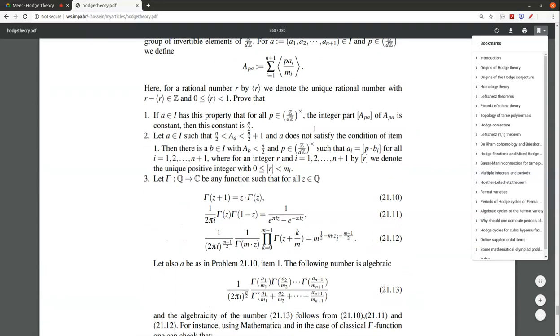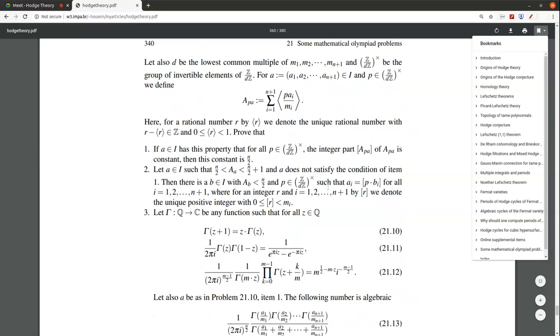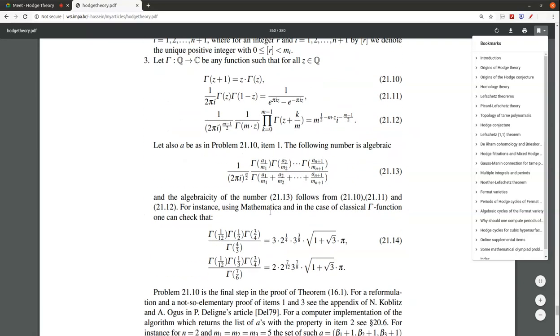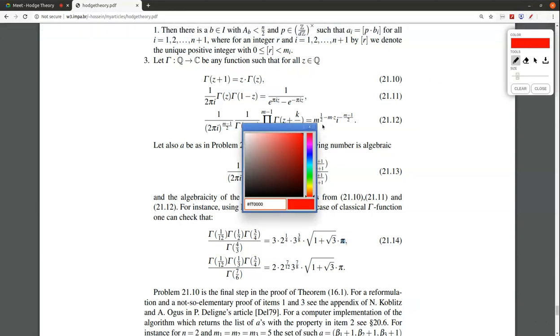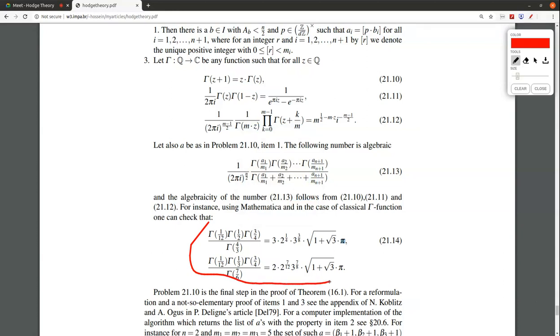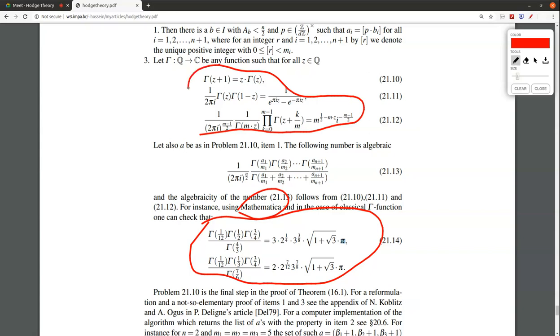This is the last part of Lang's theorem. One moral of the story is, for example, say we have a formula like this. Dividing by this number pi, we have this formula that one can check with Mathematica, but you can also check these equalities just using these three relations, the three functional equations of the gamma function.